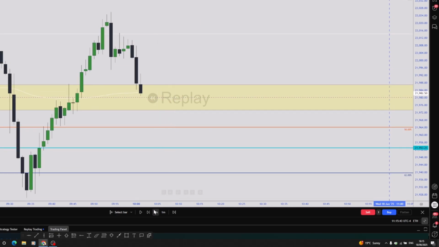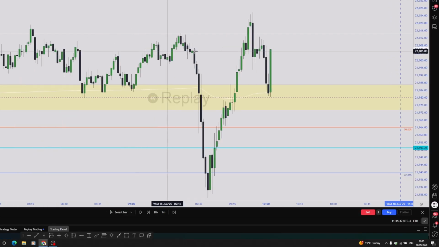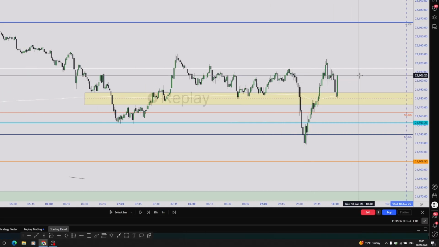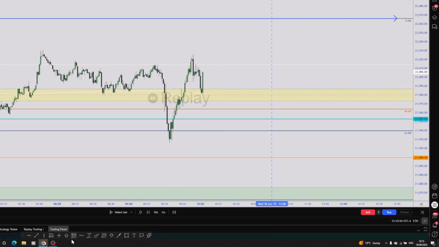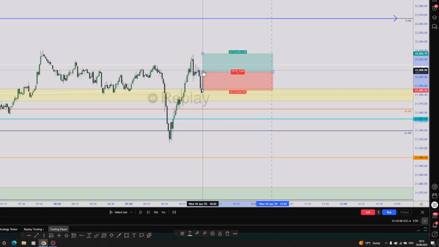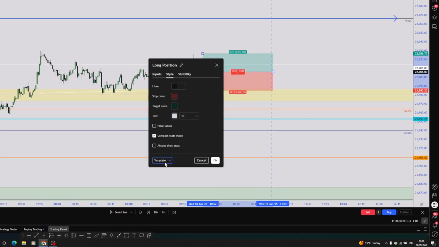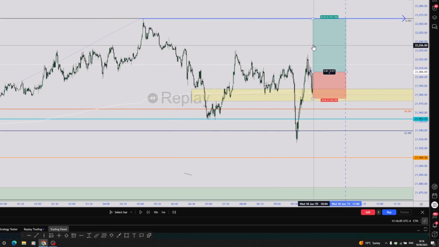And I was waiting for price to potentially have a rejection from that area. Bam, we had a beautiful rejection in this candle here from this area, okay? And with that rejection from that area, I was happy to take a long trade right in the close of that candle there, 30-point stop, 60-point target, okay? And the 60-point target brought me right up into this high over here.